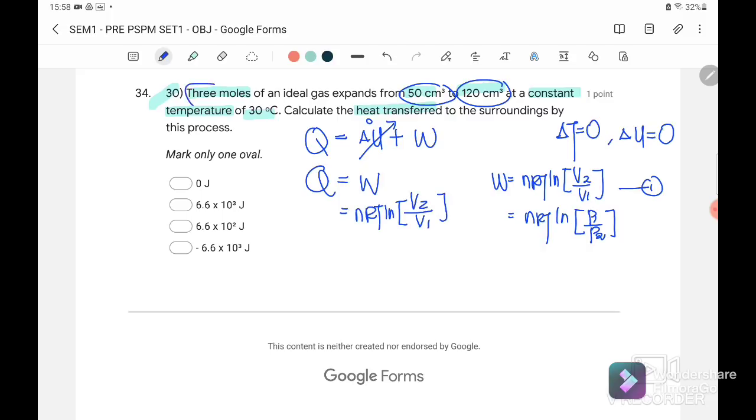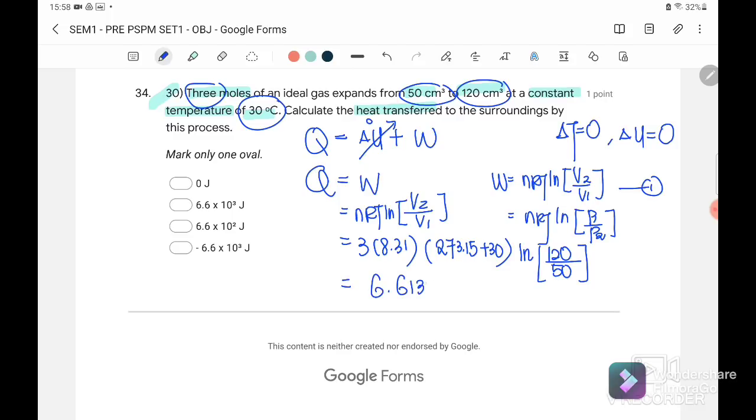We substitute n is 3 moles, R is 8.31, T is 273.15 plus 30, ln of V2, the final, 120 over 50. The final answer we will get is 6.613 times 10 to the power of 3 joules.